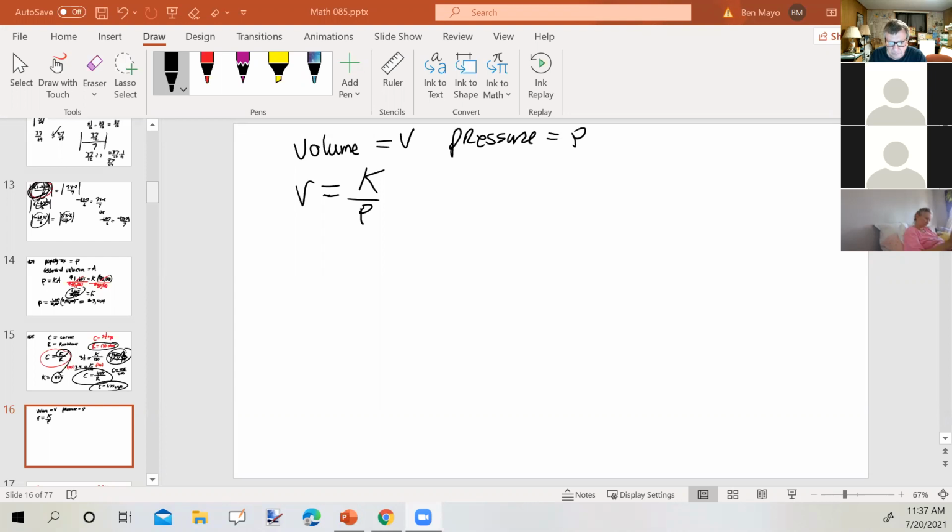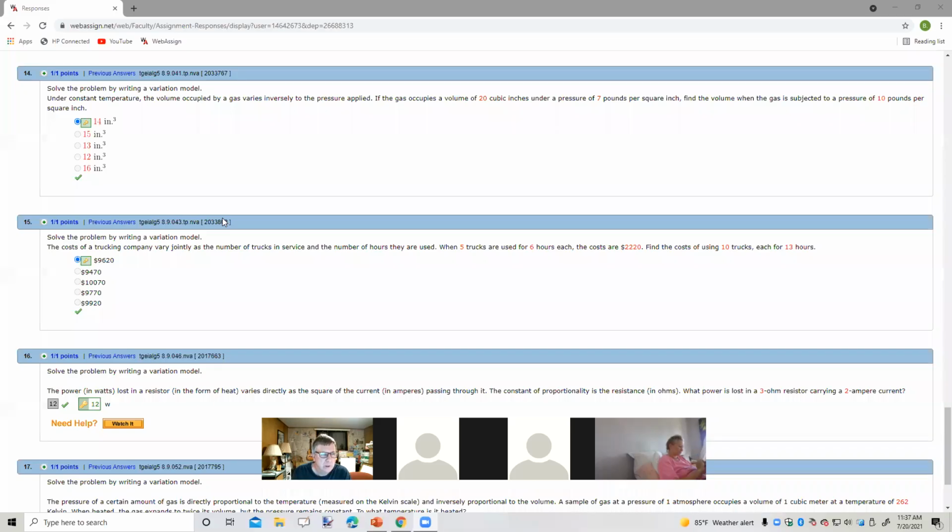Now, if the gas occupies a volume of 20 cubic inches, so that 20 goes in the place of V, under a pressure of 7 pounds per square inch, so 7 pounds goes in place of P, find the volume when the gas is subjected to a pressure of 10 pounds per square inch.